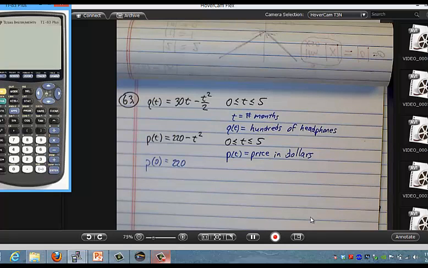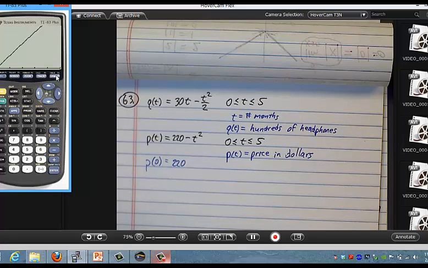And actually, I guess I could graph that. Let me go to the y equals screen, and type in 220 minus x squared. And I could graph that in the same window.